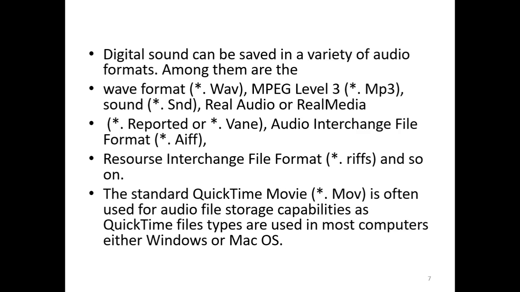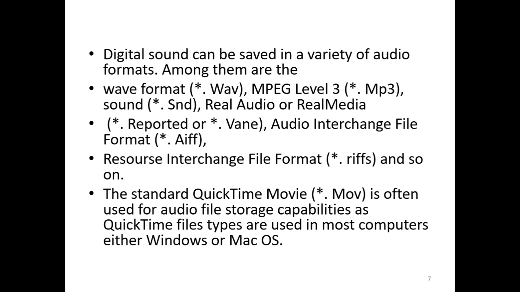Here we have a variety of formats in which digital sounds can be saved. We can save it in the wave format and in MPEG level 3, that is MP3, which we normally see, and then we have real audio or real media, and the audio interchange file format.